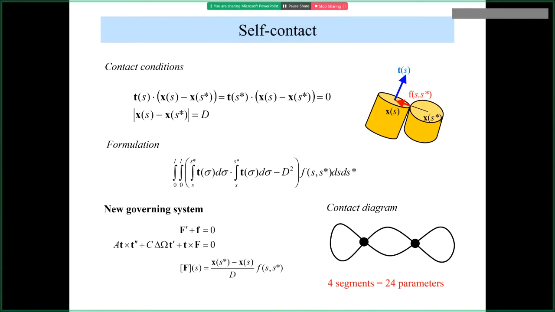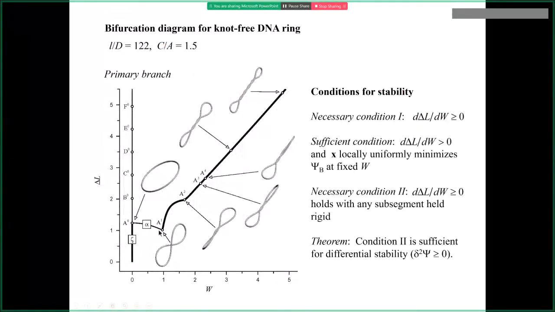So now once we include the contact, we get a new continuation of that first branch that I mentioned from the point A. They're unstable until you reach a point of contact in the middle, and then at the point of contact they start deforming, and they deform until you reach two points of contact, then three, and then at the point A4 you actually have a line of contact here.